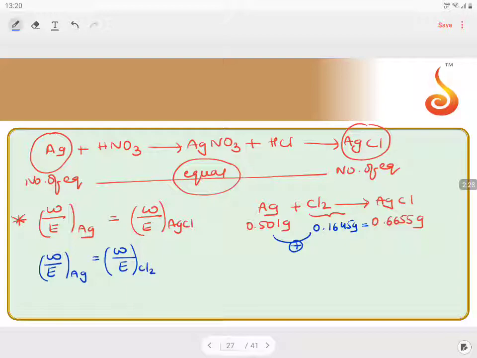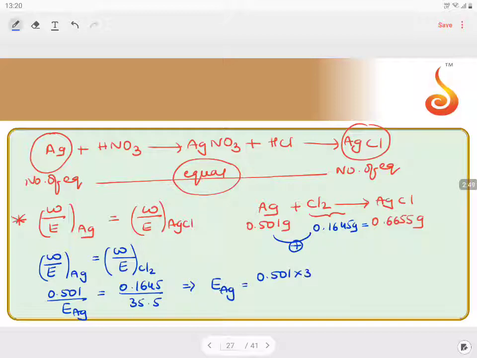Substituting the data, 0.501 by equivalent weight of silver is equal to 0.1645 by 35.5.